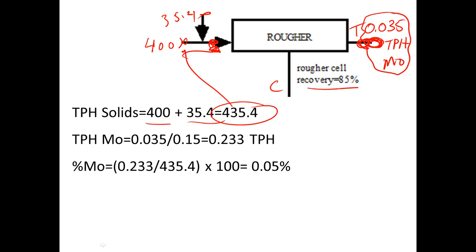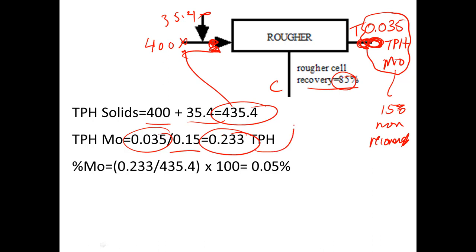Why is that significant? That's significant because we have a recovery here, and that 0.035 represents the 15% that is non-recovered. So we can take that value divided by the fraction non-recovered to get us the feed amount into this combined rougher system, or 0.233 ton per hour molybdenum contained in the solids.